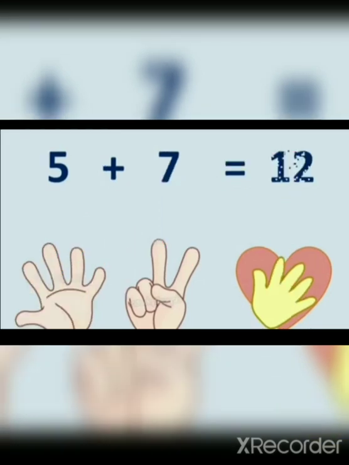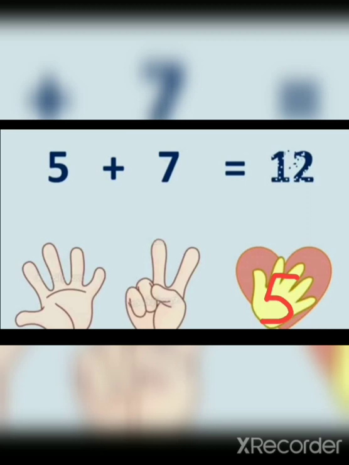Let's calculate one more question. Use the fingers to find the answer. To solve this question, we will use fingers of both the hands. How 5 plus 7 is equal to 12? First, put the number 5 in the heart. Then put out 7 fingers.